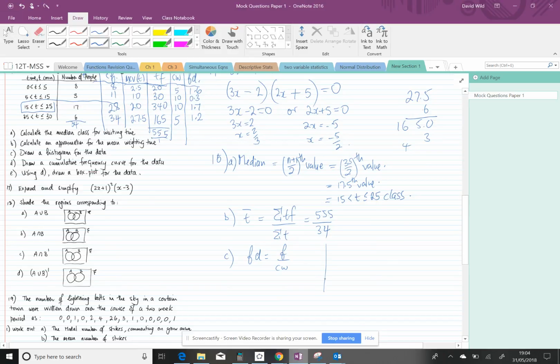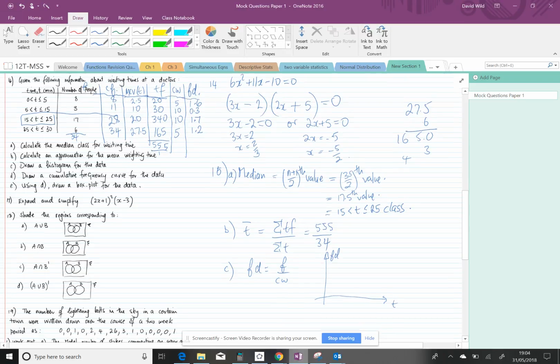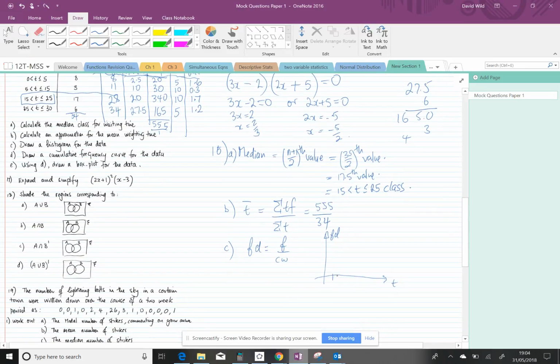So obviously you'd be given some graph paper here. You'd have your frequency density going up here, and then you have your t's here. T's are going from 0 to 30, so 5, 10, 15, 20, 25, 30.